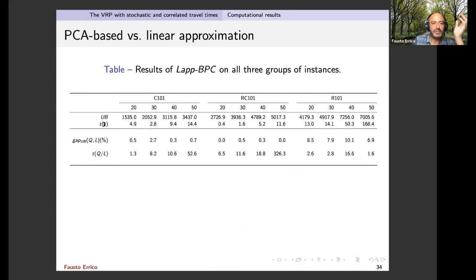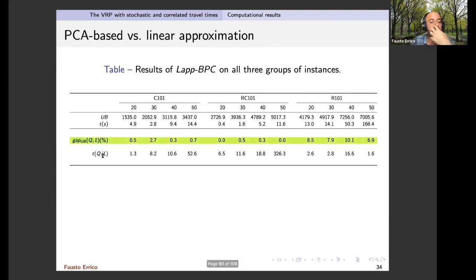Here we have the upper bound and the computing time, and this is the comparison between the quadratic and the linear approach.